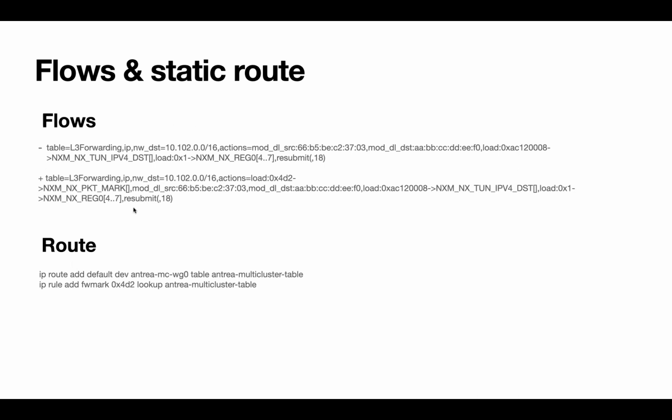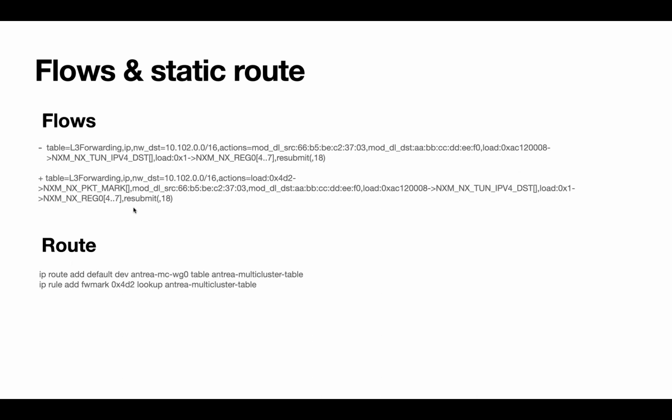But in the current implementation, all the cross cluster traffic will be sent to the port Antrea tunnel 0. This port is responsible for all the cross cluster traffic, and the other side of this port is a Geneve tunnel.